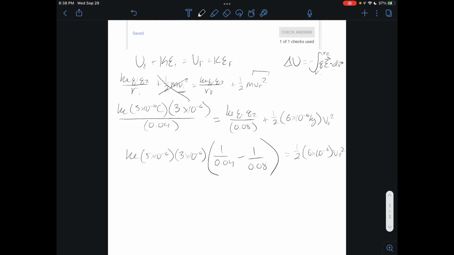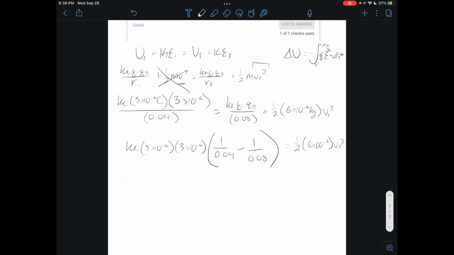So now I'm just going to divide through by these two terms to isolate this v final. So again, it's Ke times 5 times 10 to the negative 6 times 3 times 10 to the negative 6, times 1 over 0.04 minus 1 over 0.08, all divided by 1/2, which is all multiplied by 2, divided by 6 times 10 to the negative 6.